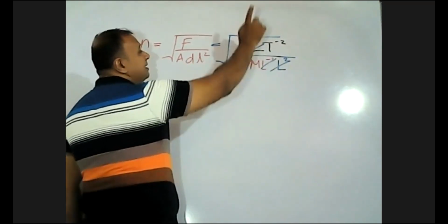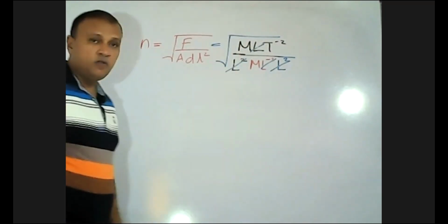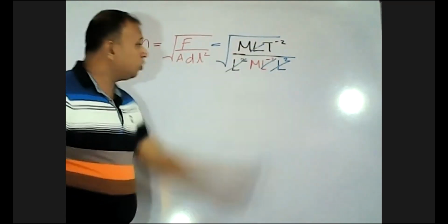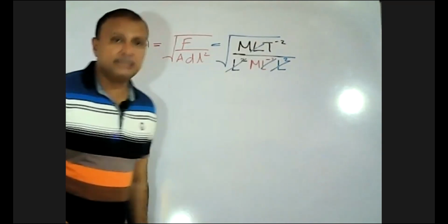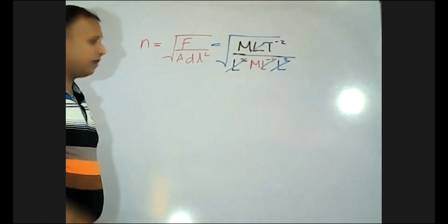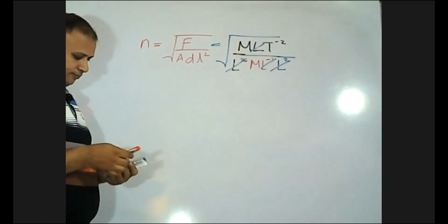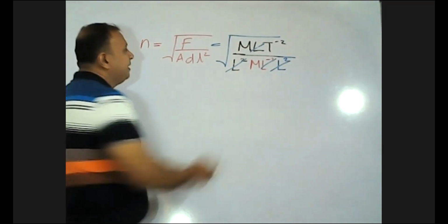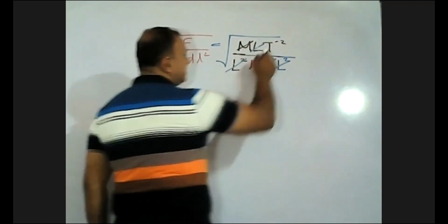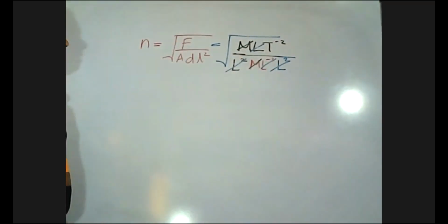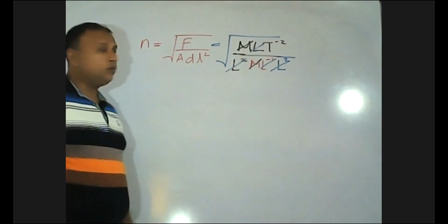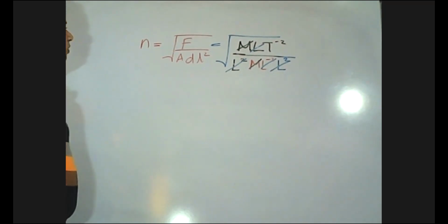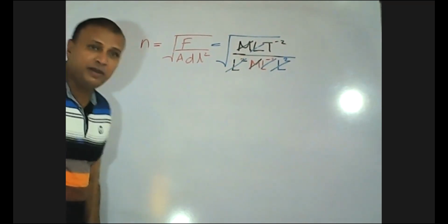That one will be cancelled out with the 1 in the numerator. So all the L's will be cancelled out. Then M to M will be cancelled out too. The only remaining thing is T minus 2. So we have to take the square root of T minus 2.